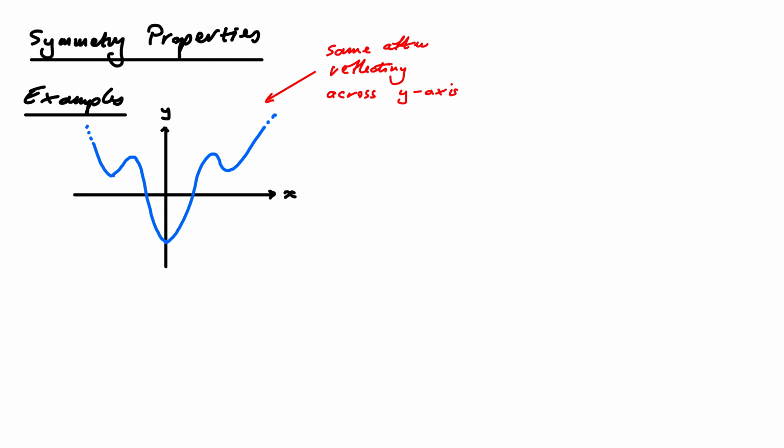Very powerful. Another form of symmetry would be where I would take some sort of graph and I could rotate it by 180 degrees, or pi in radians, around the origin, and it would still look the same. So that would be something along these lines. So if I take now something that looks like this.